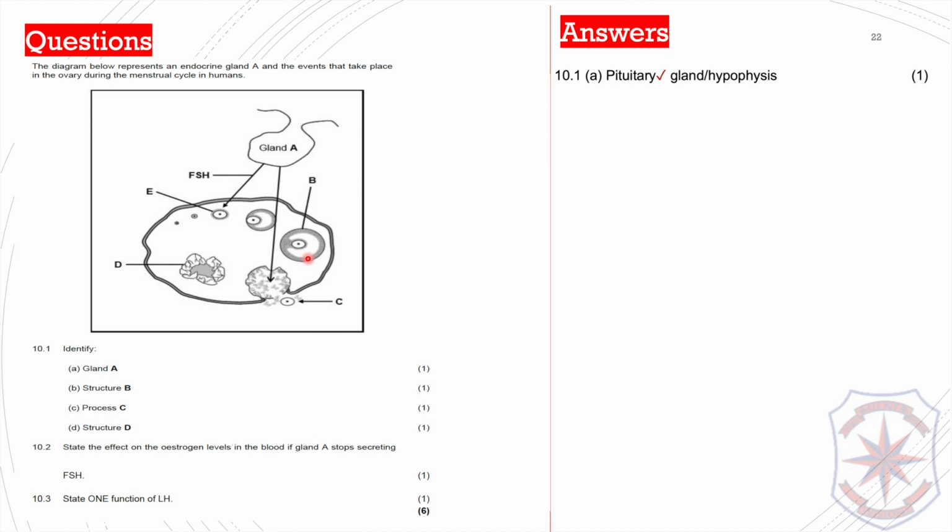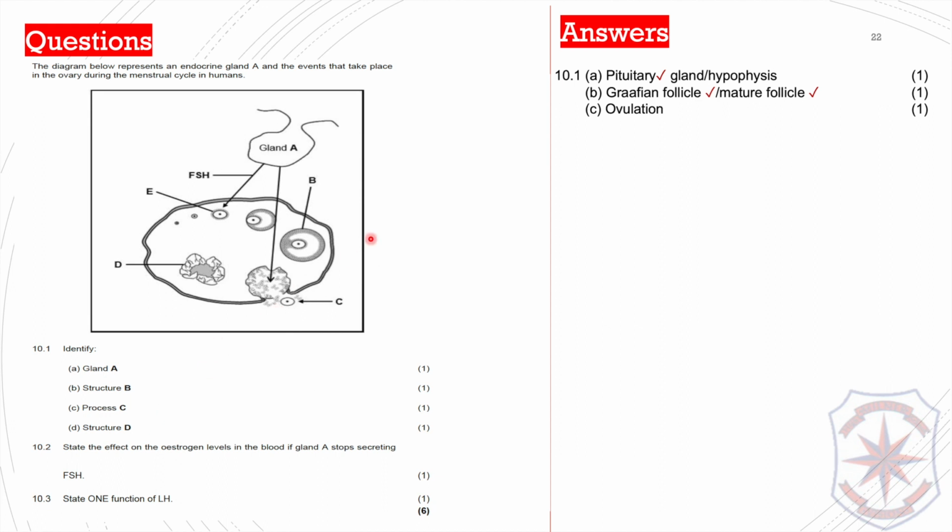It is the Graafian follicle. It is mature at this stage because the next thing it's going to do is that it is going to ovulate. Process C. Process C is when this structure has ruptured and releases an ovum. So process C will be ovulation.